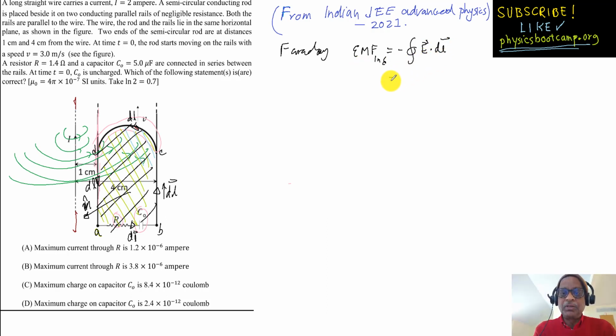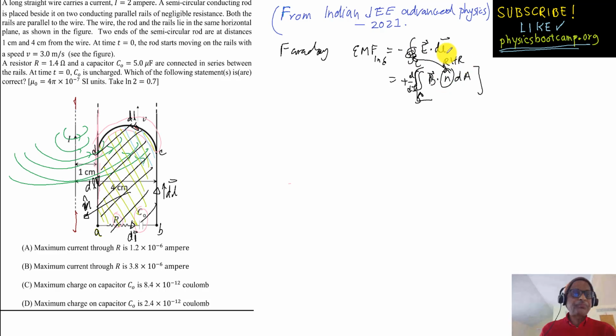So that's the induced EMF, and this minus goes to the plus, and this is an oriented loop with a direction in it. So over this area, I have minus d/dt of the integral of B dot n hat dA, and this n hat and the orientation of the loop are related by the right-hand rule. So that's the Faraday law.